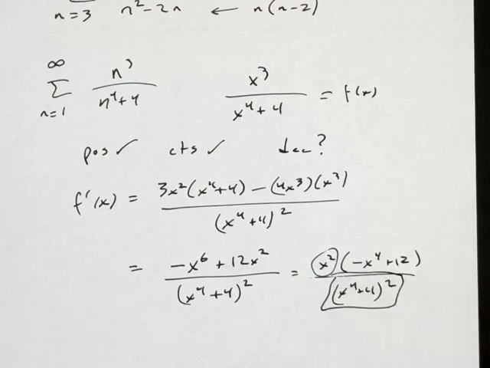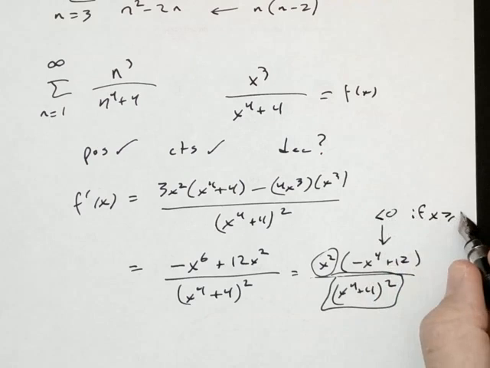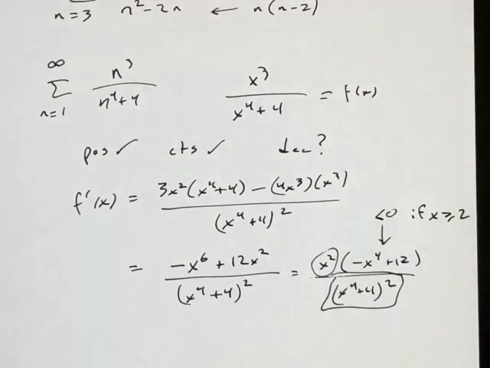This piece is always positive. But this one is going to be negative once we get past whatever the fourth root of 12 is. I know a fourth root. 2 to the fourth is 16, right? So the fourth root of 12 is a little bit less than 2. So this is less than 0 if x is bigger than or equal to 2. So it may not be decreasing from 1 to 2, but from 2 on it's decreasing. That's good enough.